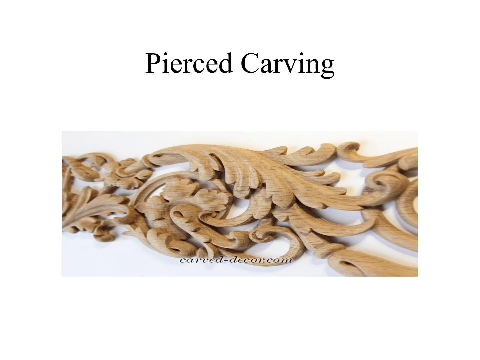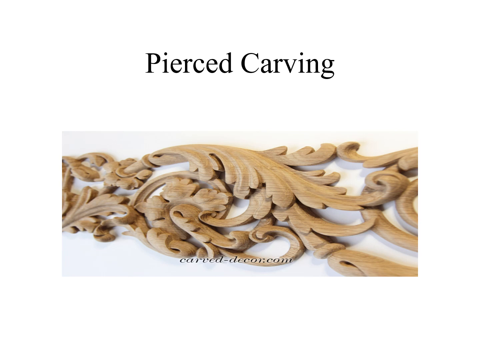One of the most characteristic features of English Baroque furniture and ornamentation is pierced carving. Pierced carving means that you create intricate patterns and designs by carving away wood sections, very similar to laser cutting.